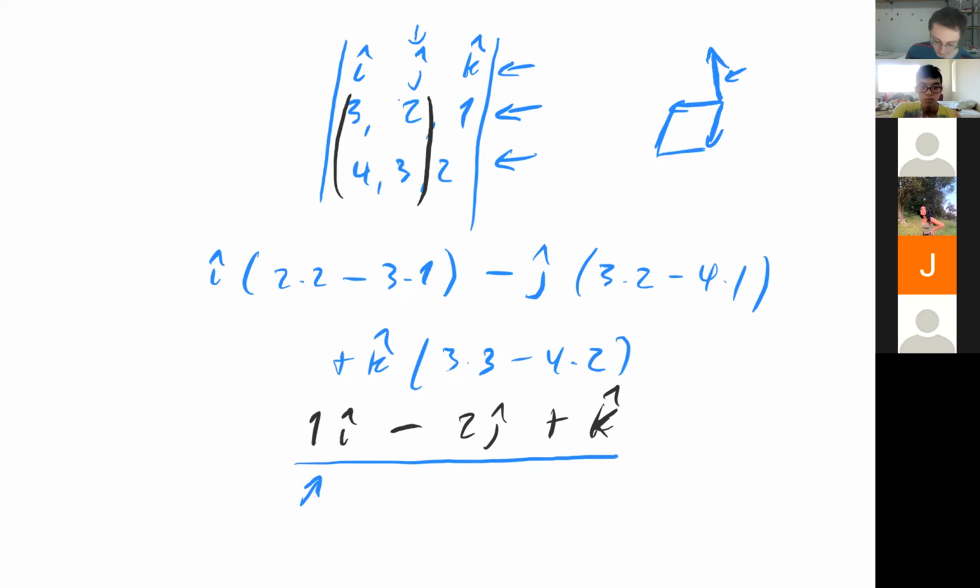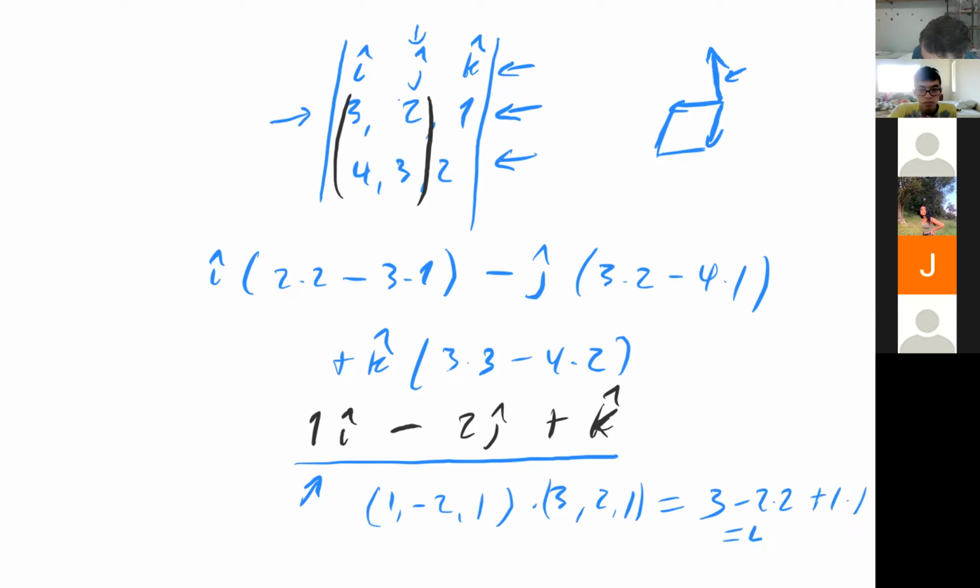I'll go over it. So our vector is 1, minus 2, 1. So let's dot this with 3, 2, 1. And this gives us 3 times 1 minus 2 times 2 plus 1 times 1. And so that's 4 minus 4 equals 0. So now we know that it's orthogonal to the first vector.